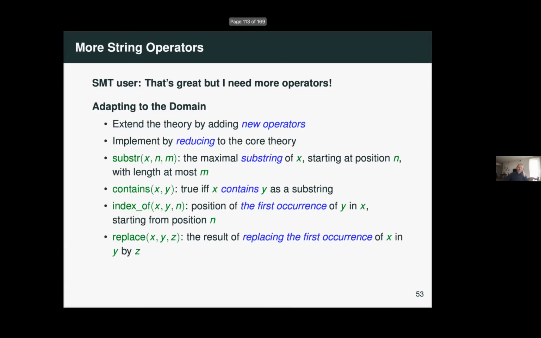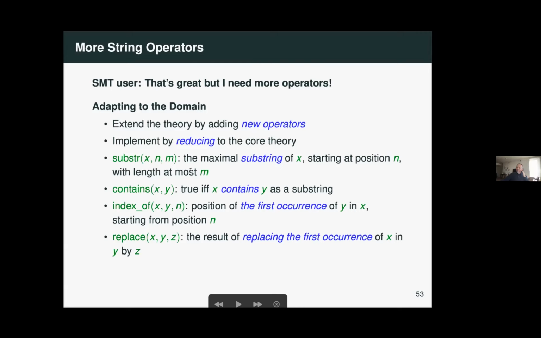So we can implement things like substring, string containment, index of, and replace. This is not replace all, this is just replacing the first occurrence, so this doesn't trigger that undecidability. Okay, so these are the operators.